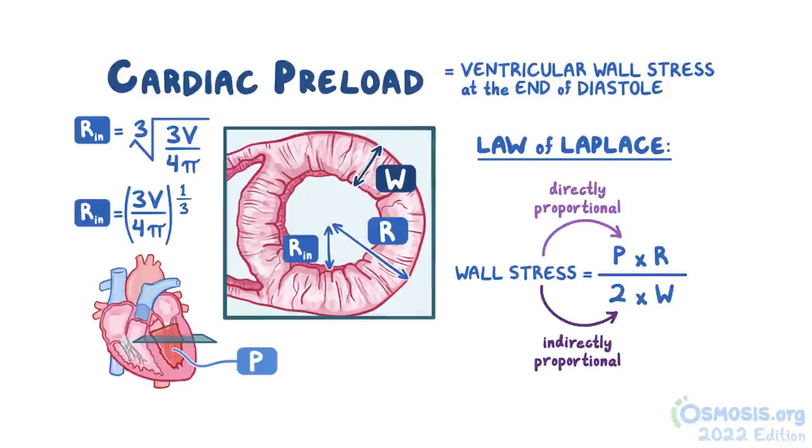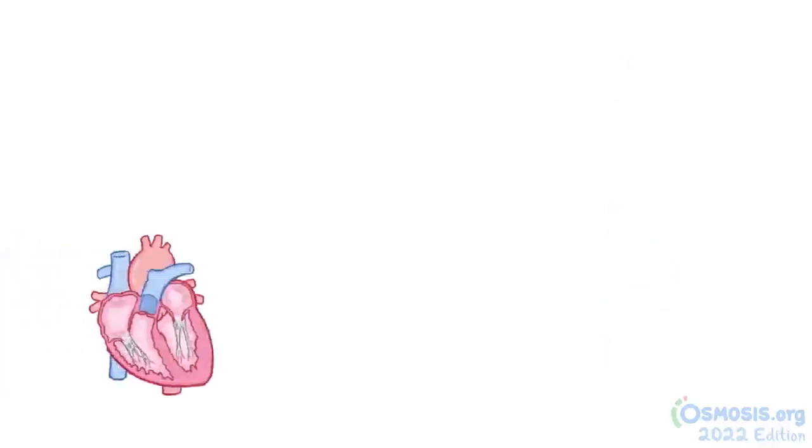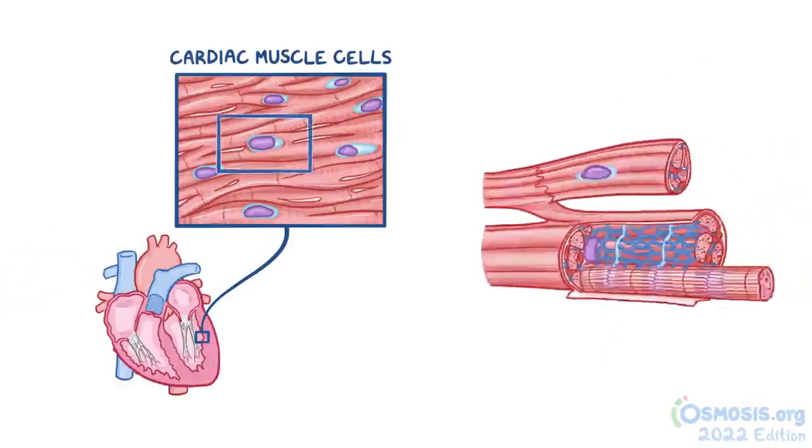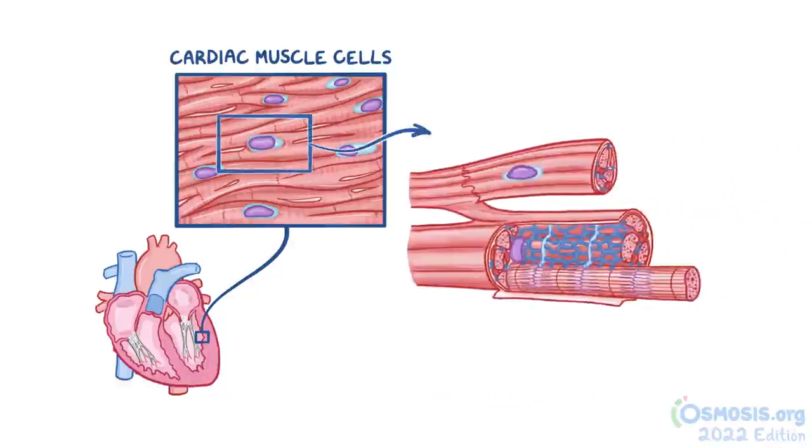Alternatively, preload can be defined as the length of muscle fibers, or sarcomeres, at the end of diastole. So let's zoom in on the wall of the left ventricle. The bulk of these walls is made up of short, branched cardiac muscle cells packed one next to the other. Zooming in further, if we look inside the muscle cells, we see bundles of myofibrils, or long chains of sarcomeres.